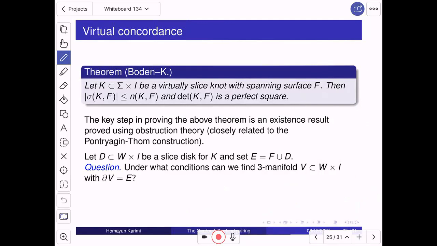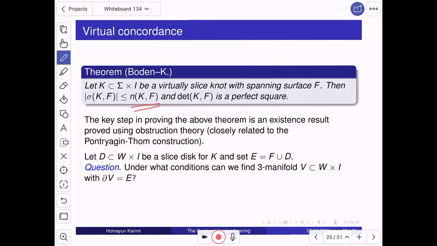You can compare this result with the classical results. So remember, in the classical results, if a knot K is a slice, then its signature vanishes. So here, if you start with a knot K, which is a slice, with nullity 0, then you can show that the signature vanishes. If the nullity is not 0, then it's an upper bound for your signature.